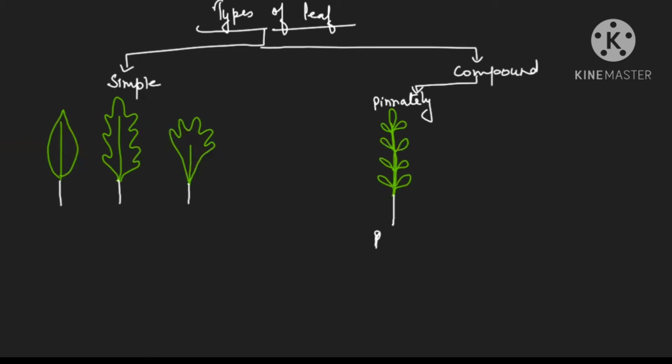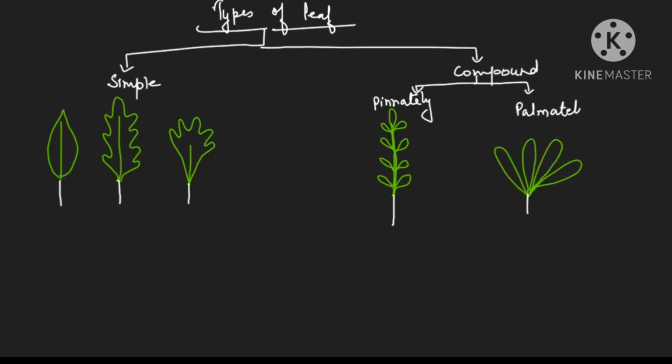Now, this is your petiole, this is the tip of the petiole, and the incision has reached to the tip of the petiole. Such compound leaves are known as palmately compound.